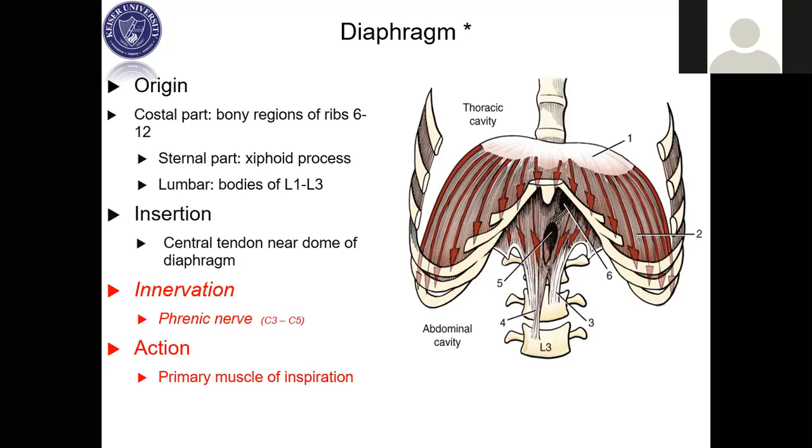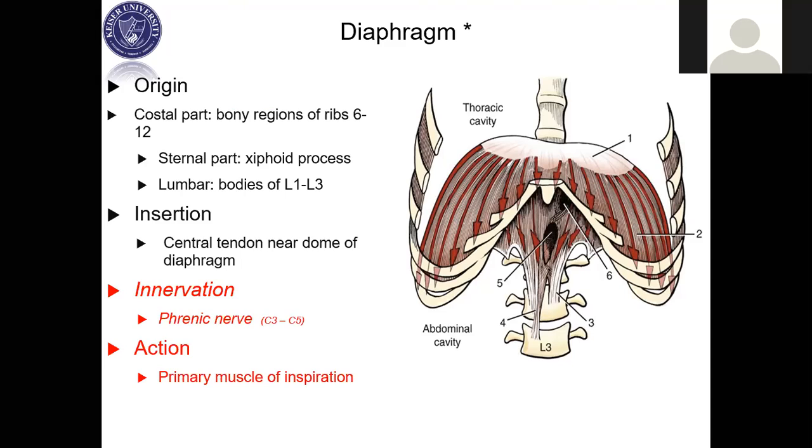Now, sometimes you're going to see next to these nerves these numbers, C3 through C5. This is the cervical area that this nerve comes out of. I don't need you to know that information now.